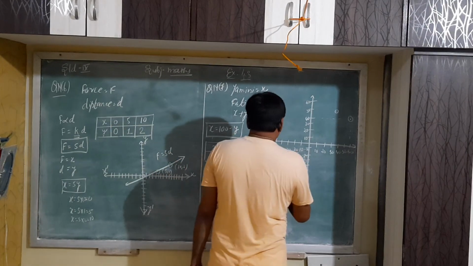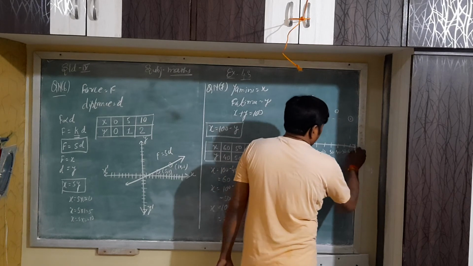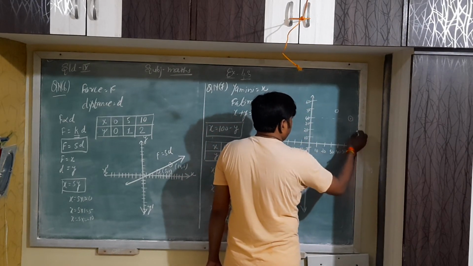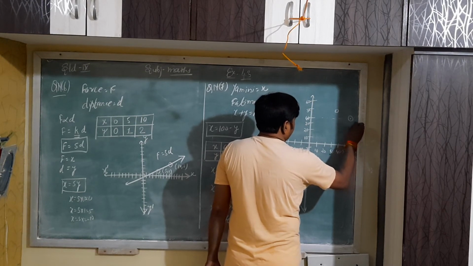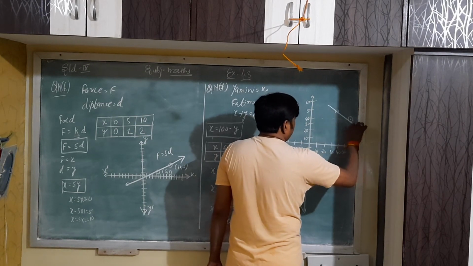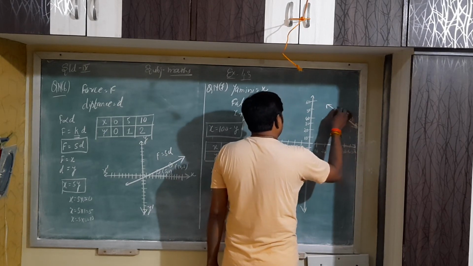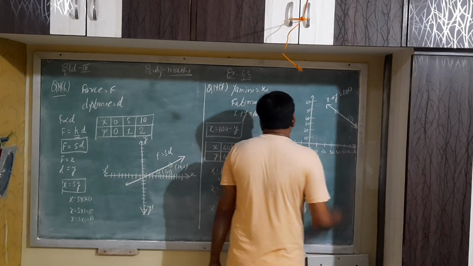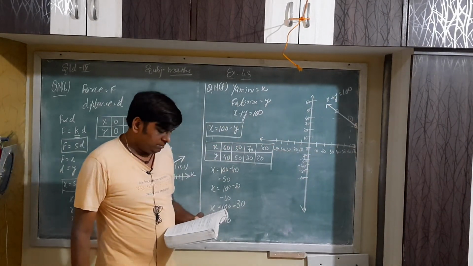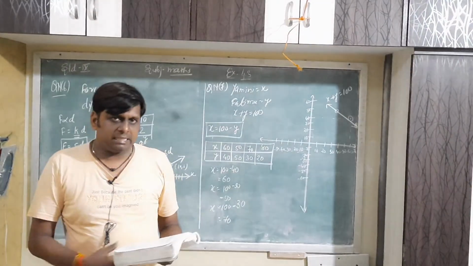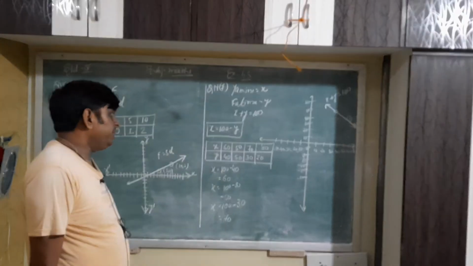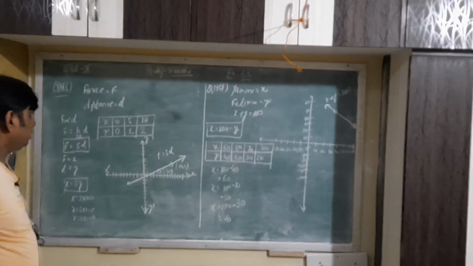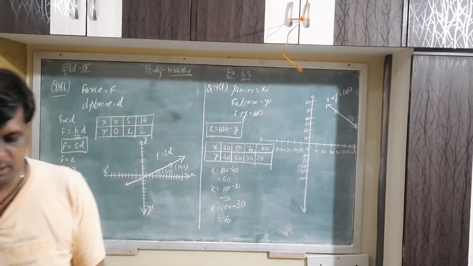Draw the graph. The line is called x plus y equal to 100. Complete this sum. Suppose x and y are converted by unit, 1 centimeter equal to 100 units. Okay, next video we solve question number 8.